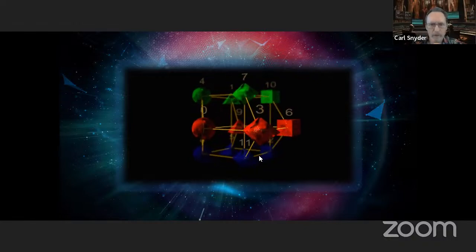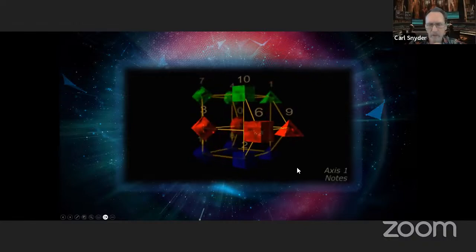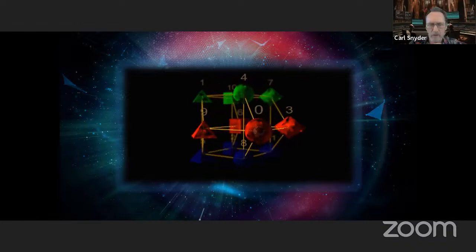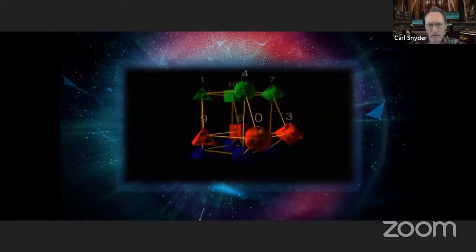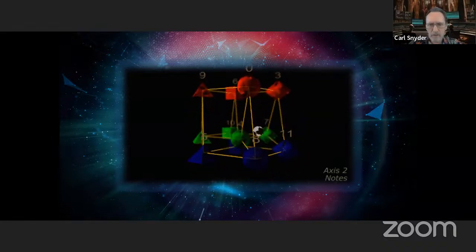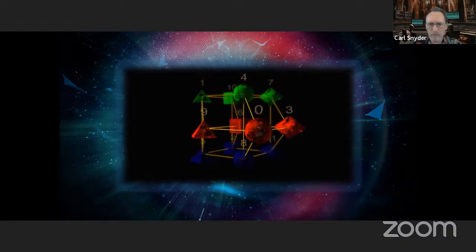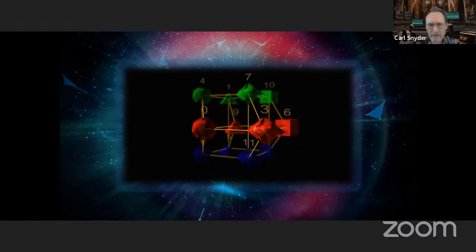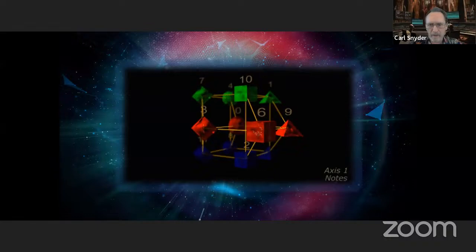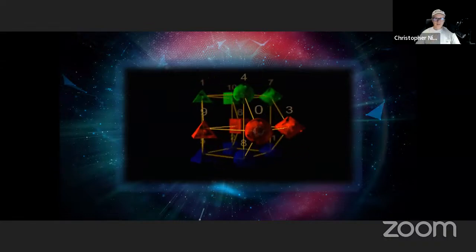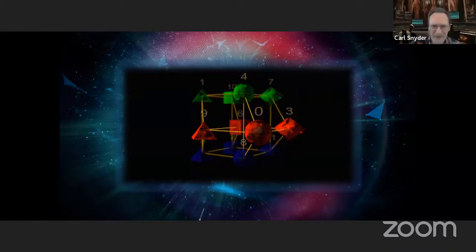Or there we have 4 and 8, but they only connect to each other, but 9 does. Let me take that back. The relationships are a little complicated.